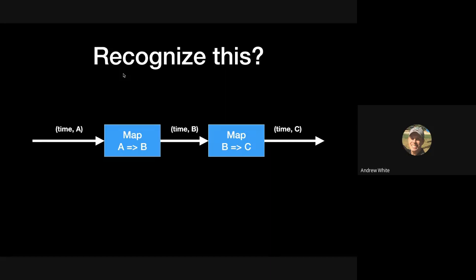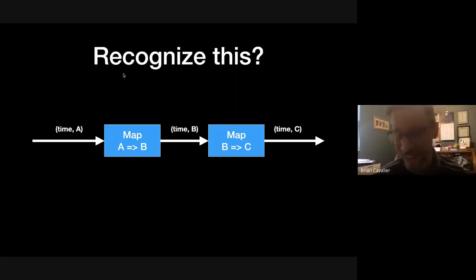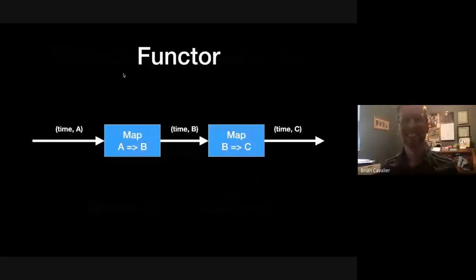I'd say function composition, like mapping two different functions versus mapping the composition of those two functions. Ah, yes. Exactly. This is a functor. A stream is a functor.